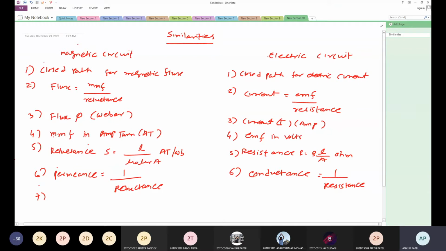Now seventh. Here we have permeability. So what do we have here for electric circuit? 1 by mu. Suppose permeability I am just denoting by mu. Here we have conductivity, that is denoted by sigma or delta.